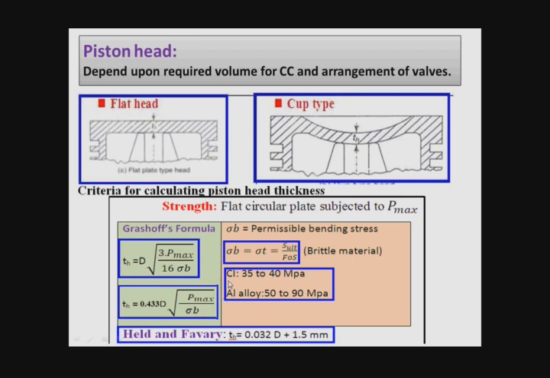Normally the most widely used materials for piston head are cast iron and aluminum alloys. For cast iron, sigma B ranges from 35 to 40 MPa, and for aluminum alloys, it ranges from 50 to 90 MPa.